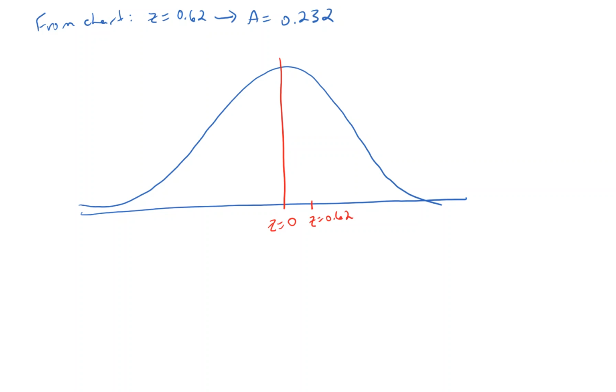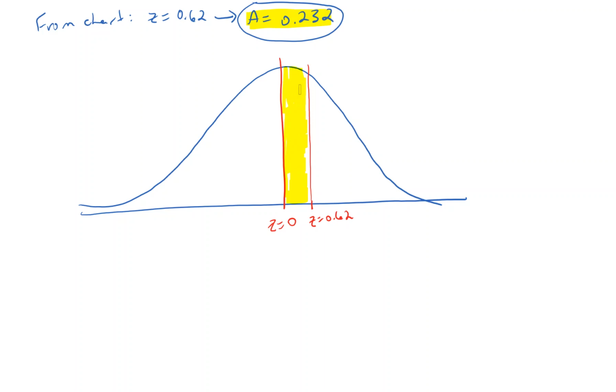So what is this area? If we were to draw a vertical line from this z-score, this area, this 0.232, is the area between the given z-score, 0.62, and the mean.